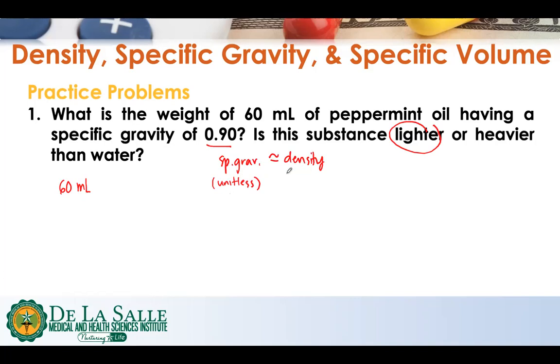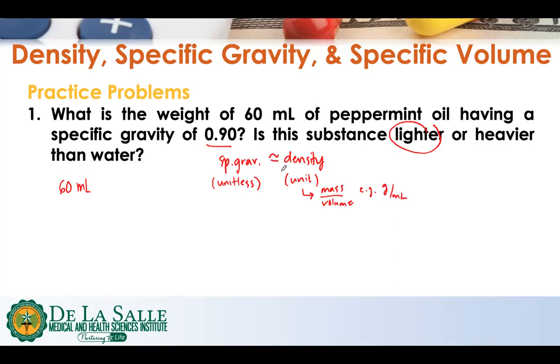Now, the density is a quantity with a unit. The unit varies, so the numerical value may also vary. But the unit for the density is always mass unit per volume unit. For example, the unit can be grams per ml.